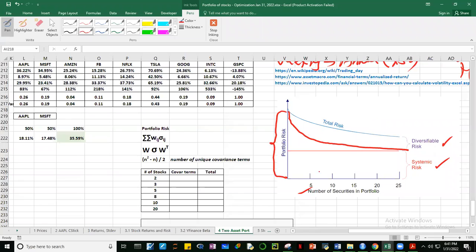Now, sa totoo lang, guys, ang pinaka-relevant lang dyan, itong si systematic risk. Ito lang pinaka-relevant. This is the only relevant risk. Bakit? Kasi the other risk, guys, can be diversified. Ibig sabihin, if you put on more stocks, you can mitigate against that risk. Okay? So if you have a bigger risk, guys, because you're not diversifying, then kasalanan mo yun.